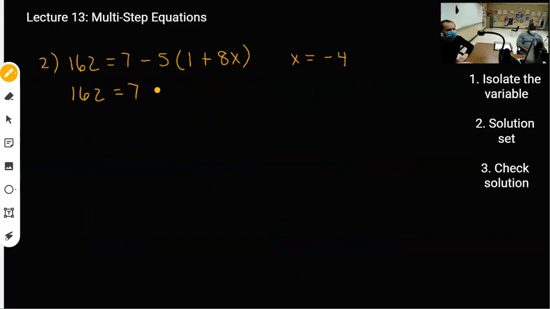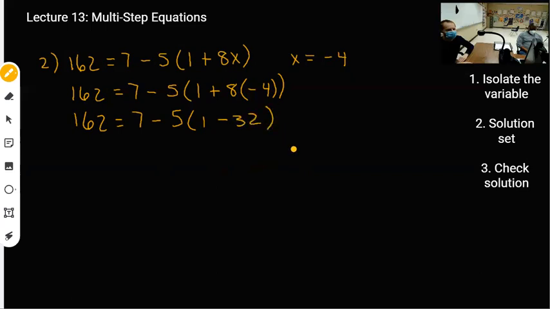When I do that, I get 7 minus 5 times (1 plus 8 times -4). I work out what's inside the parentheses first. 8 times -4 is going to give me a -32. So that plus negative can be written as a minus.